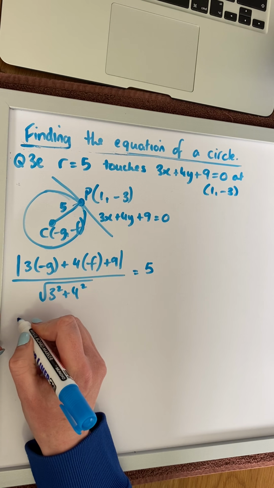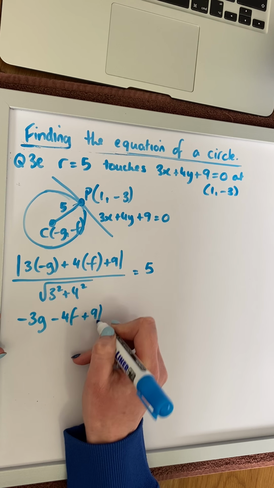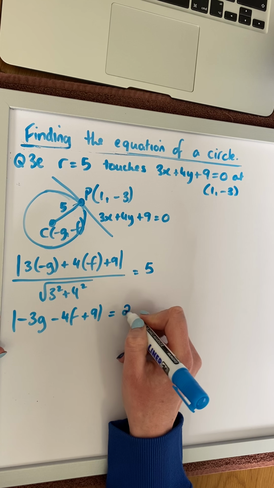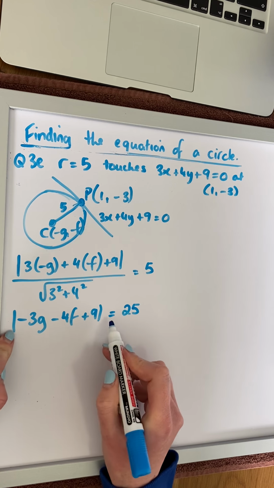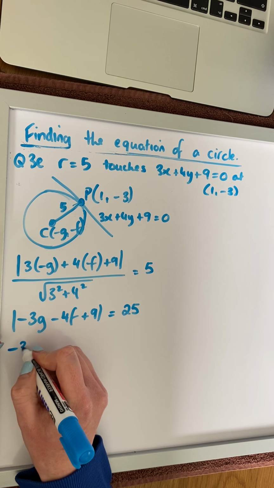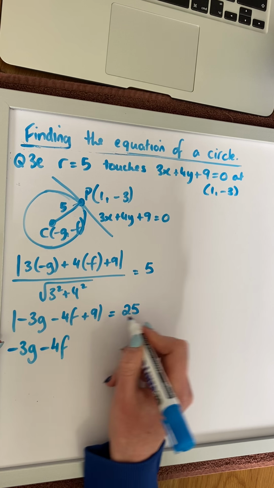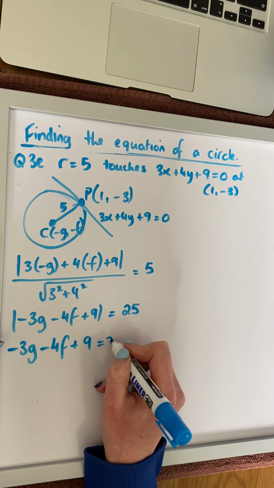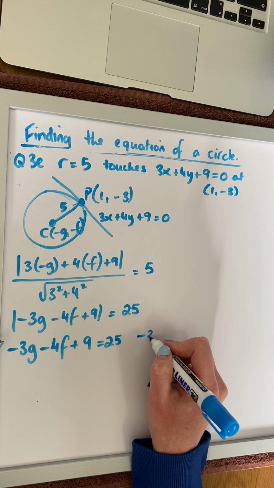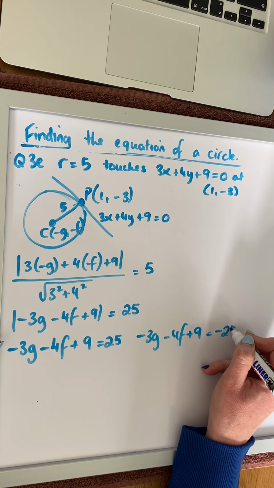So multiplying across, we have the absolute value of -3g - 4f + 9 equal to 25. And because it's an absolute value equation, we can have two different scenarios from this. One scenario where -3g - 4f + 9 = 25, and then -3g - 4f + 9 = -25.